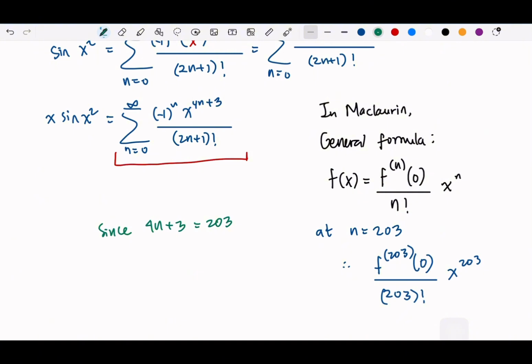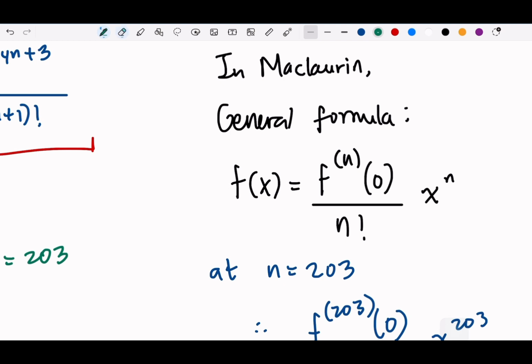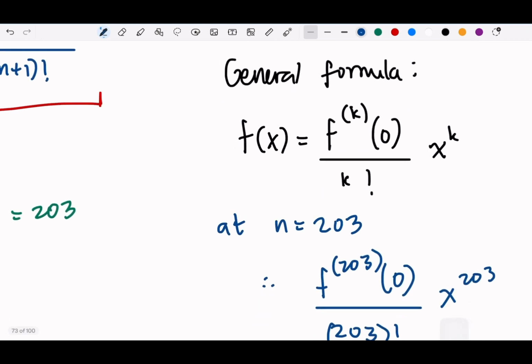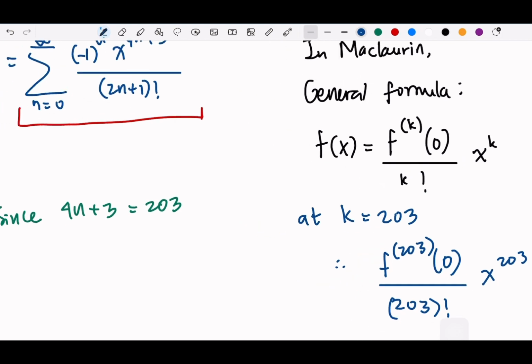I hope you get my idea because I'm using the same n. How about I make it into different letters to make it distinguishable? The original formula is n, but I will write it as k. I hope you understand what I mean, because you will see some redundancy of n and you may get confused about which n it is.